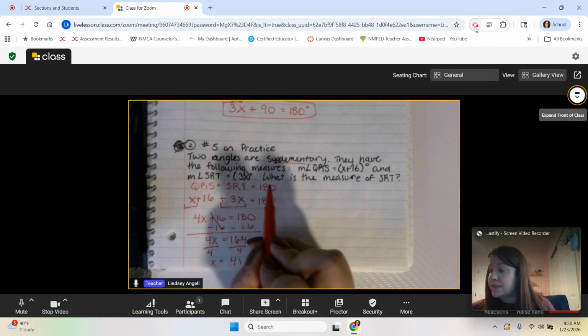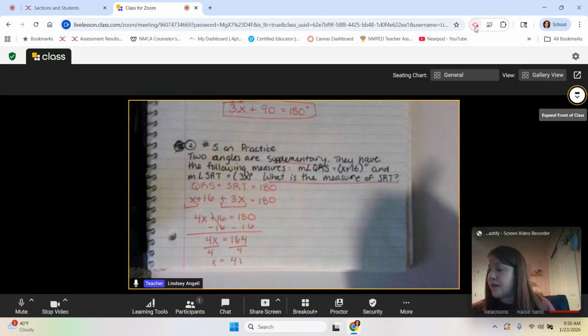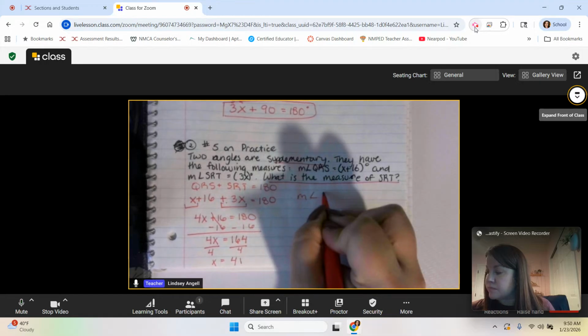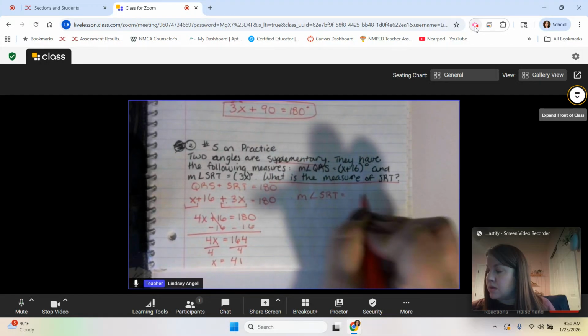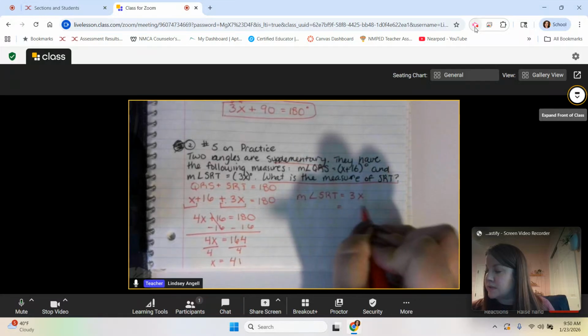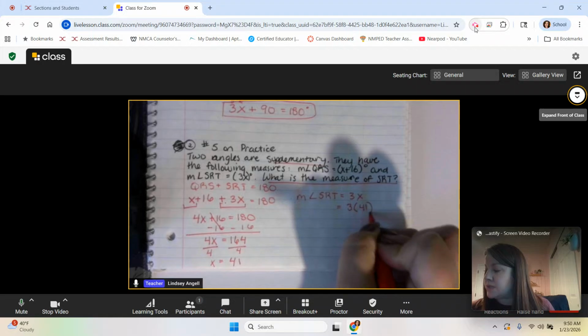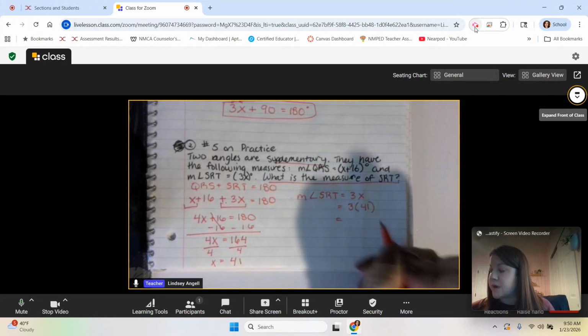The actual question was, what is the measure of SRT? Well, SRT was equal to 3x. Well, we know that x is equal to 41, so we can do 3 times 41.